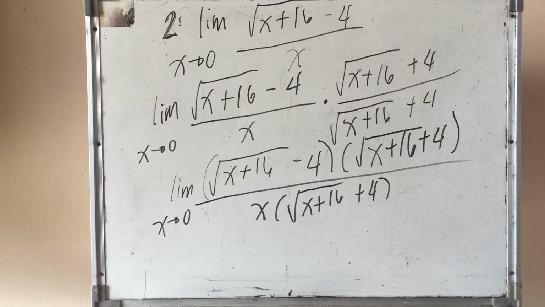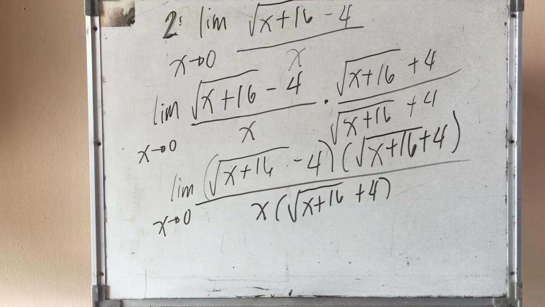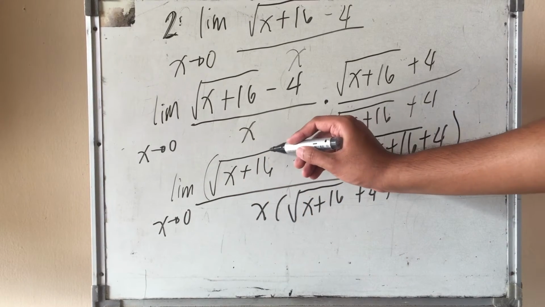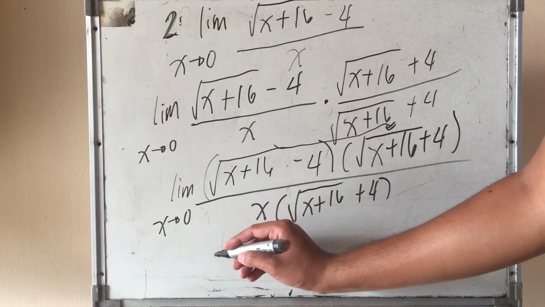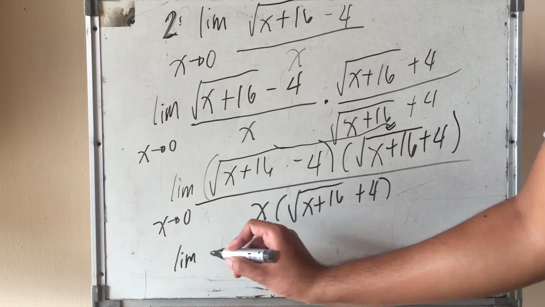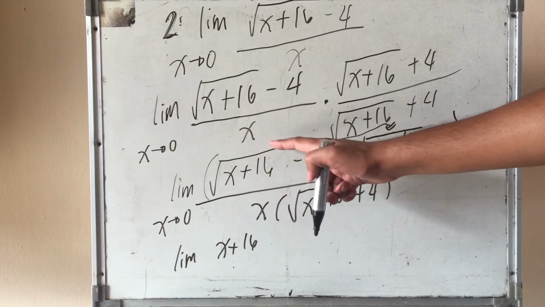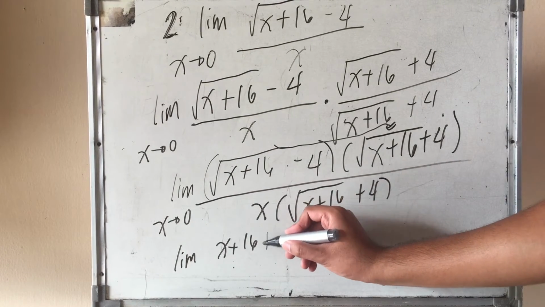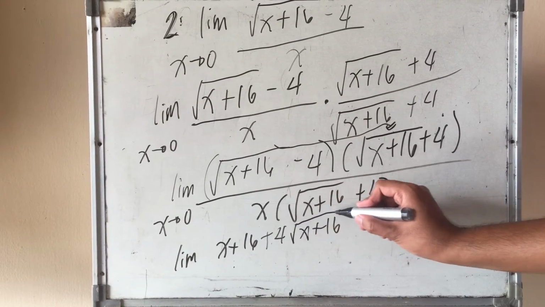Okay, so simplify further, we distribute each term using the FOIL method. The square root of x plus 16 times the square root of x plus 16, so we have x plus 16. Square root of x plus 16 times 4, we have 4 square root of x plus 16.